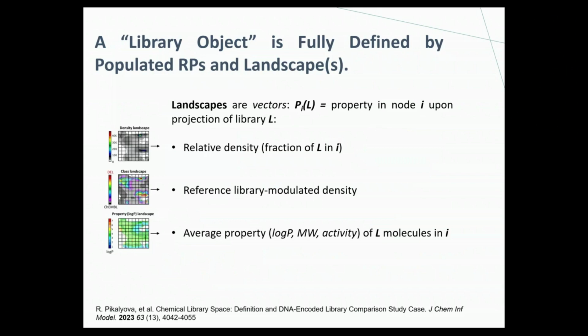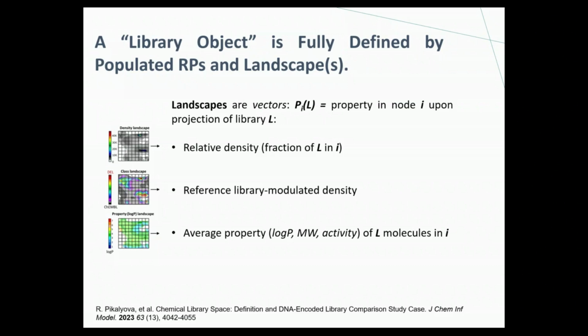And as I already hinted, one good way to do it, the way we suggest, is to use these density landscapes, which are nothing else but a vector, because a density landscape is what? It is a set of values specified for each of the nodes of the GTM. They're accumulated over the library.